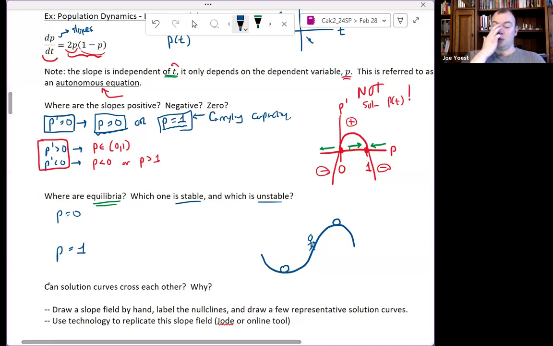The ball perfectly sitting at the very tip of the hill is at an equilibrium position. It doesn't want to go right or left. It's right smack in the middle. And same with the one at the valley. It doesn't want to go left, doesn't want to go right. These are both equilibria, but one is stable and one is not.